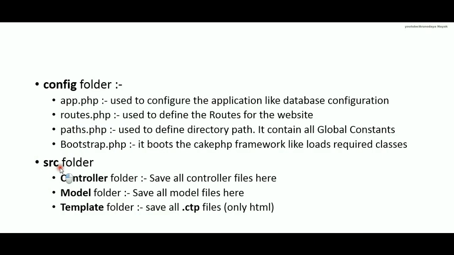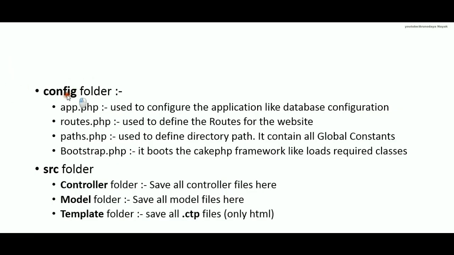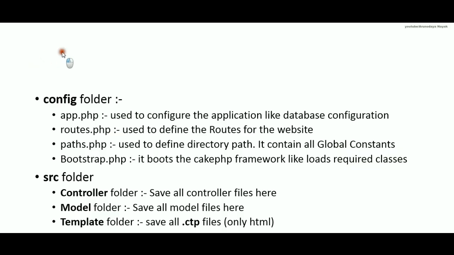What do these folders basically contain? The config folder is generally used to configure your web application. The first important file is app.php, and this is a file that is used to configure the web application.